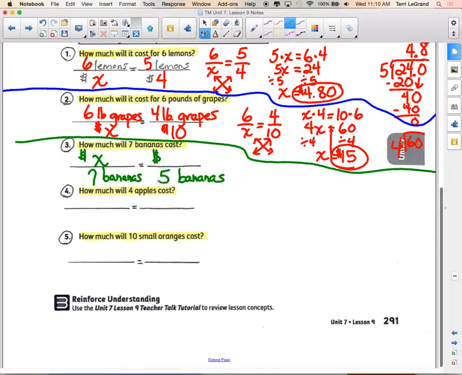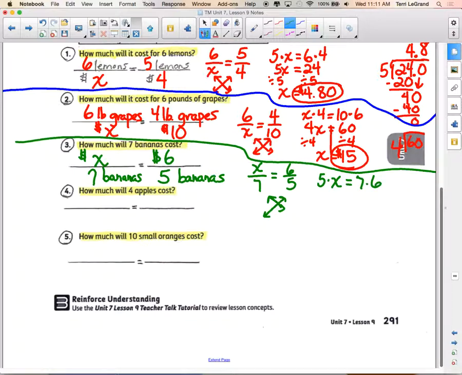So 5 bananas, $6. Okay, we're going to write them without the labels because it's easier to work with. We need to do this diagonal first. So we're going to do 5 times X. And then the other diagonal, which is 7 times 6.